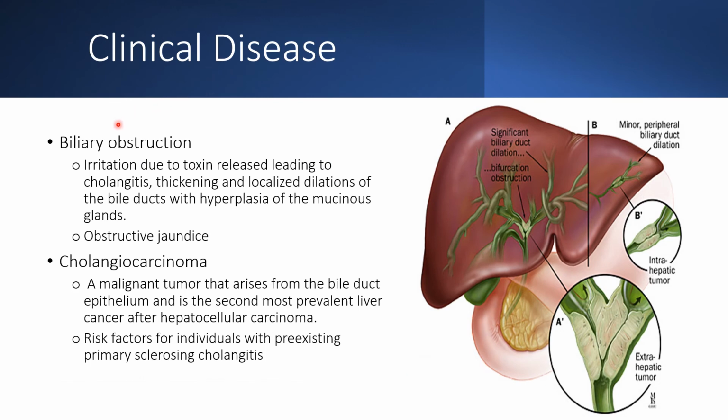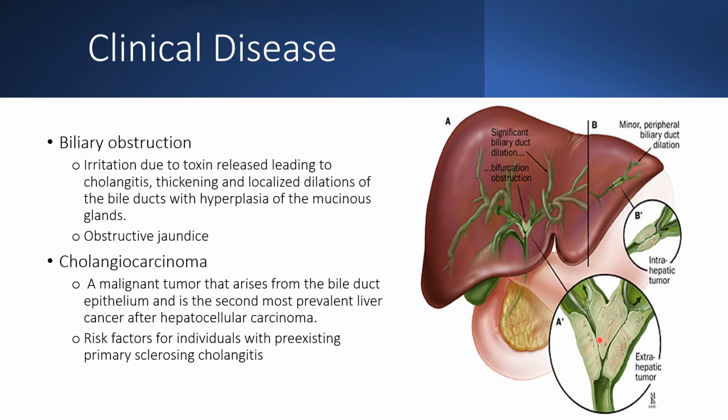So, clinical disease. Light infection is asymptomatic, but heavy infection, guys, causes biliary obstruction. That is due to the irritation produced by the toxin released by the adult worm.